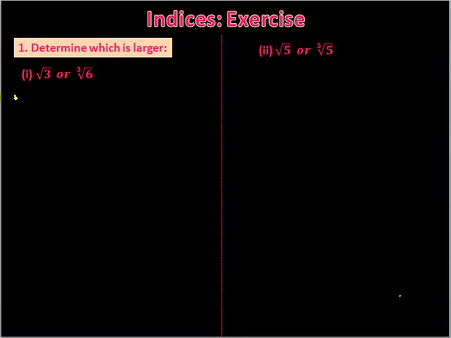So simplifying both of them first, square root of 3 can be written as 3 with exponent 1 by 2. In the same manner, cube root of 6 can be written as 6 with exponent 1 by 3. Now LCM of 2 and 3 is 6. So let us try to convert their exponents into the same number.